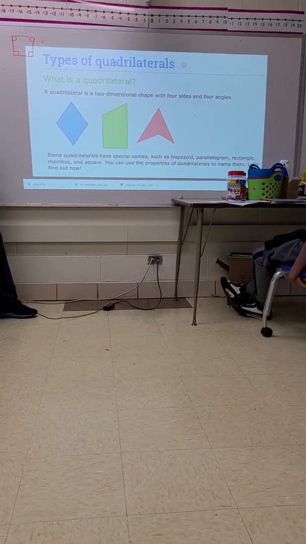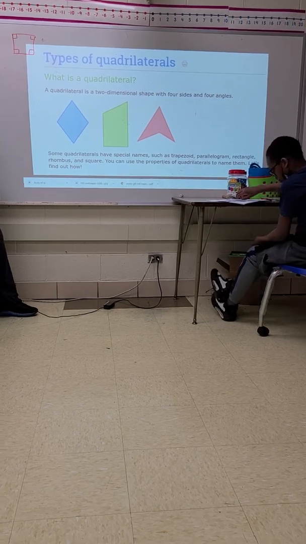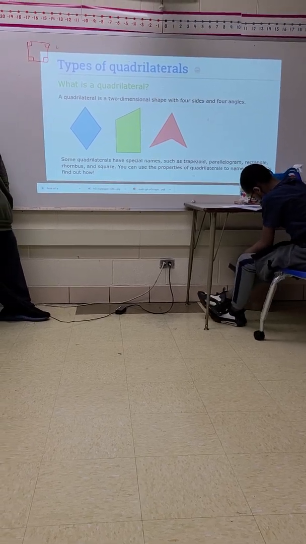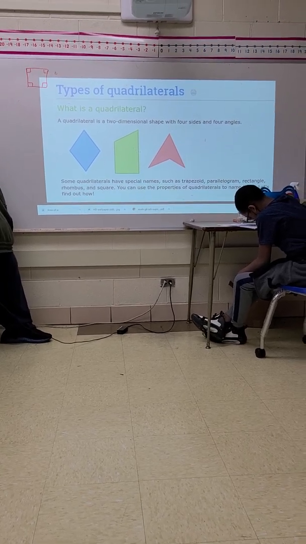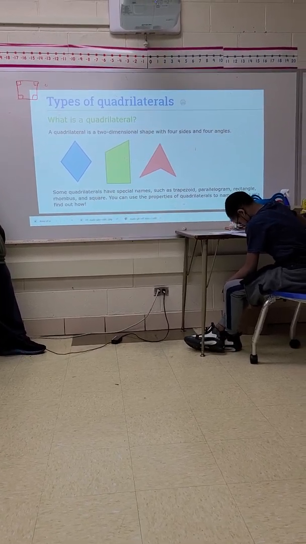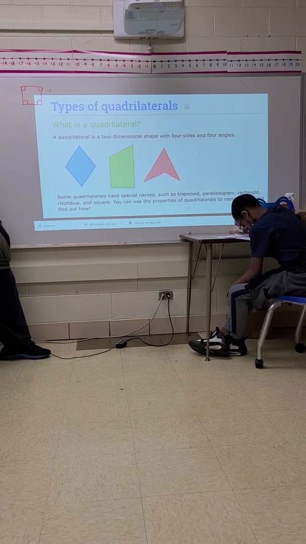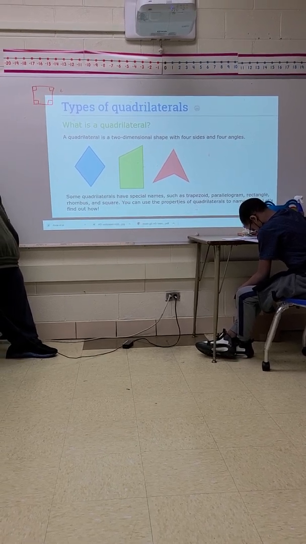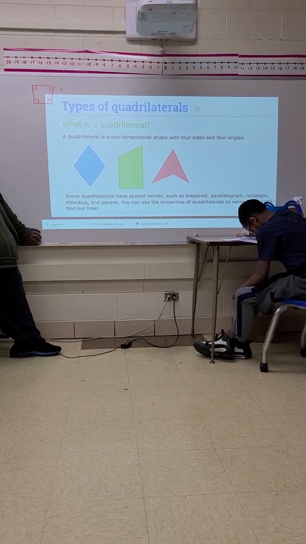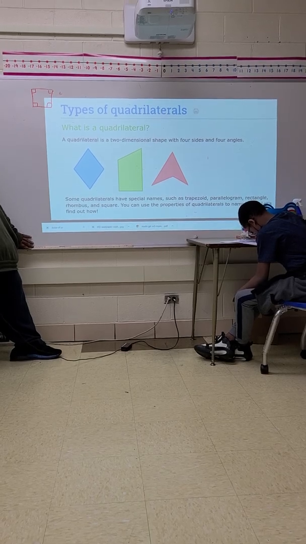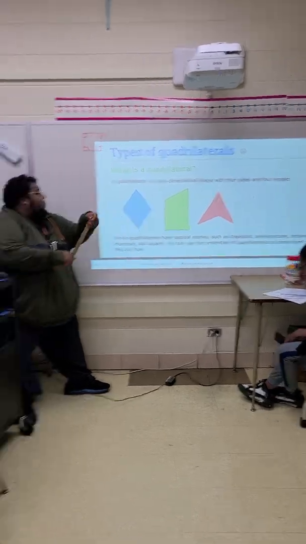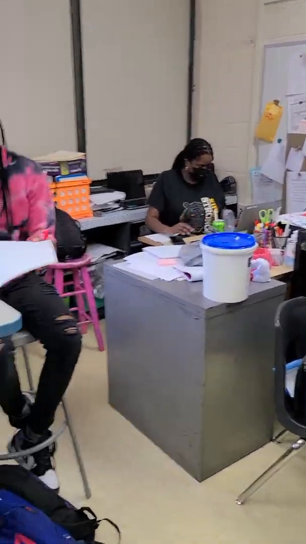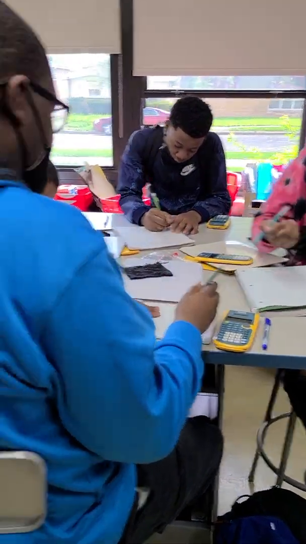A quadrilateral is a two-dimensional shape with 4 sides and 4 angles. Some quadrilaterals have special names such as trapezoid, parallelogram, rhombus, and square. You can use the properties of quadrilaterals to name them. Let's find out how. All right, so please write this down in your notes. The definition of quadrilateral is a two-dimensional shape, 4 sides and 4 angles.